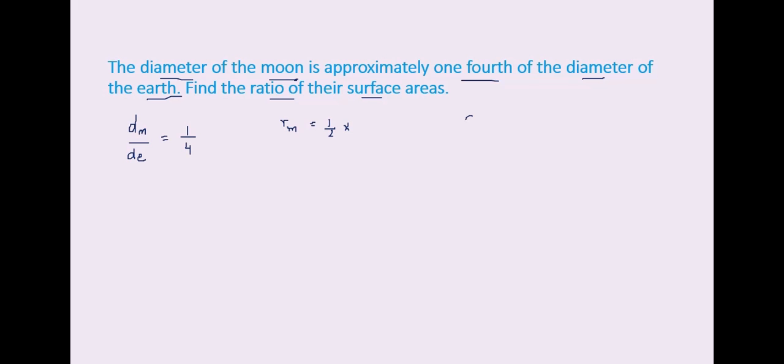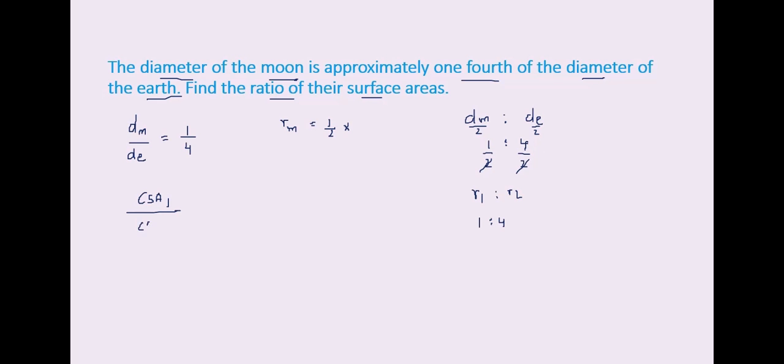So we have got dm is to de is 1 is to 4. If I divide both of these by 2, this will give me the ratio of the radius. But again 2 cancels on both sides, I still get 1 is to 4. So the diameter is in the ratio 1:4, even the radius is in the same ratio 1 is to 4.